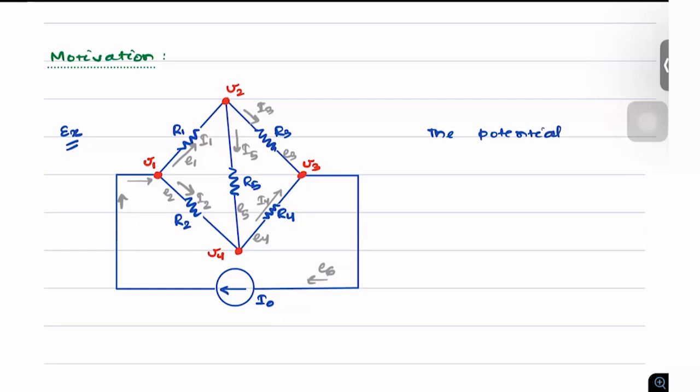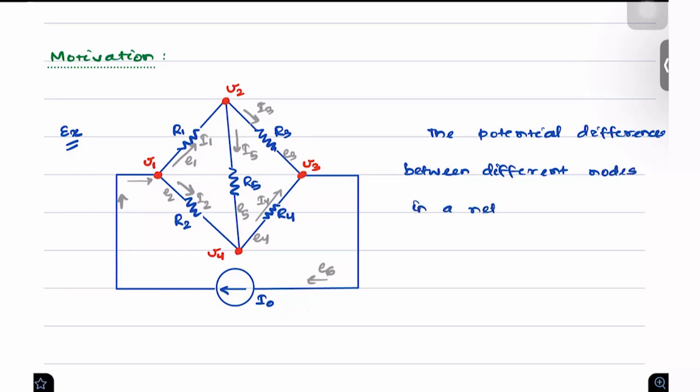The potential differences between different nodes in a network can be studied using Laplacian matrices. So this is something that we saw in our earlier topic.